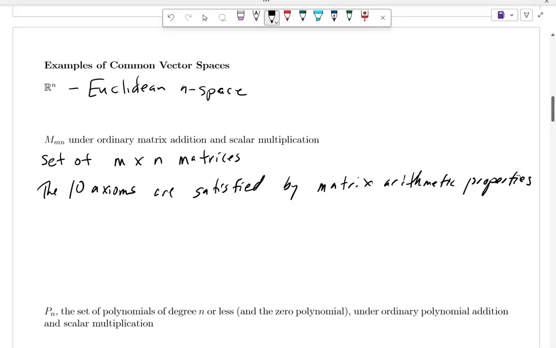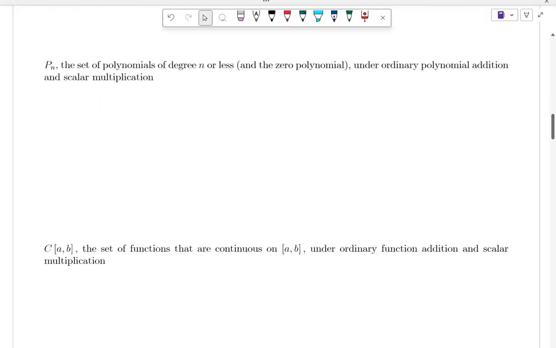Okay? All right. Another important one that we'll talk about is the set of polynomials of degree n or less. Well, you know how to add polynomials, right? Notice that you add them term-wise, almost like it's component-wise for vectors, isn't it?